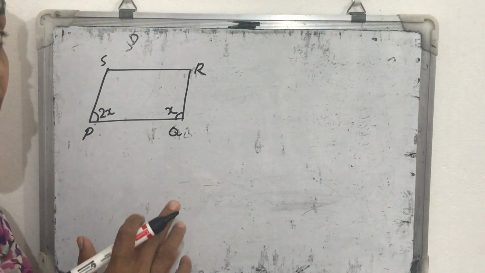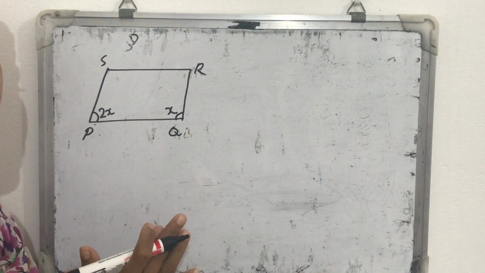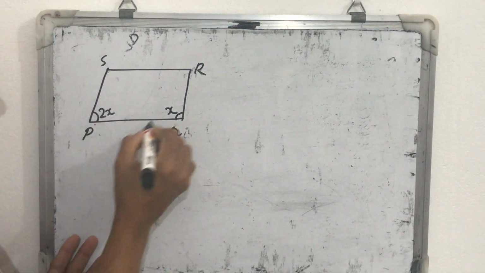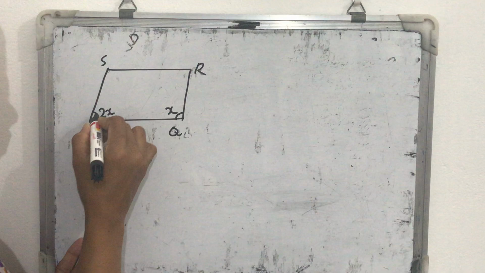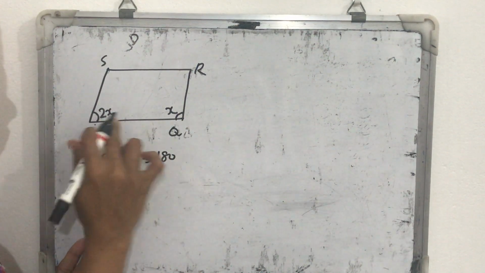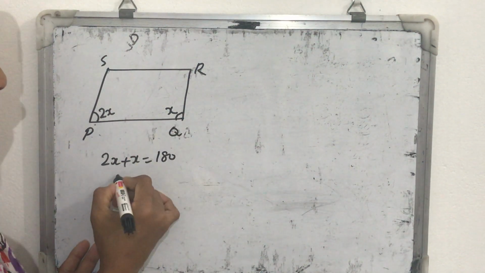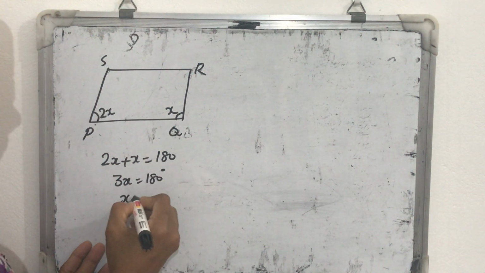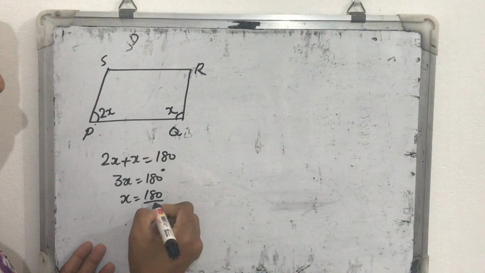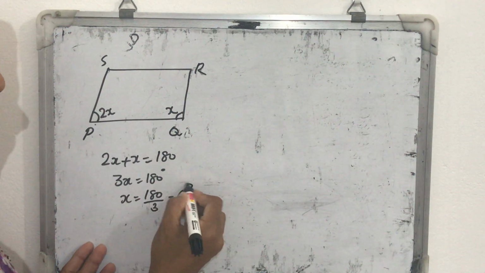We know the adjacent angles of a parallelogram are supplementary. So 2x plus x equals 180. That means 3x equals 180 degrees, so x is equal to 180 by 3, equal to 60 degrees.